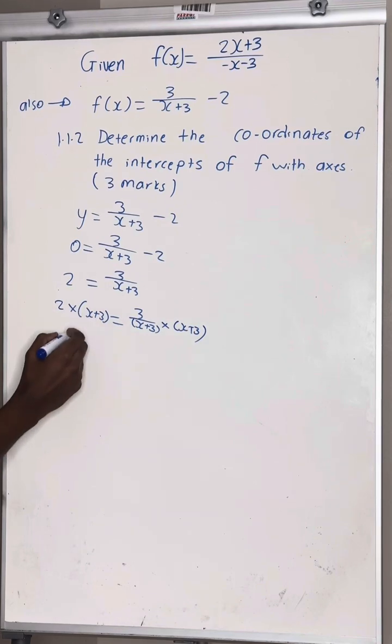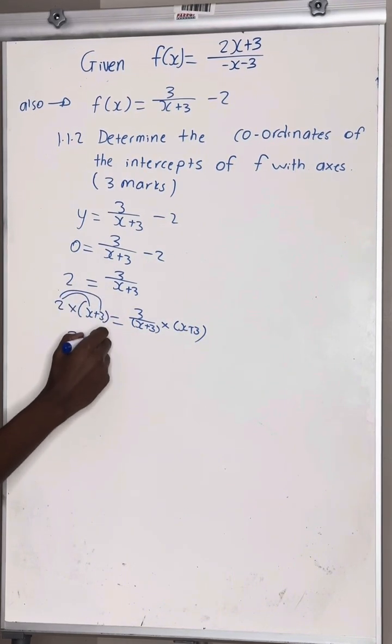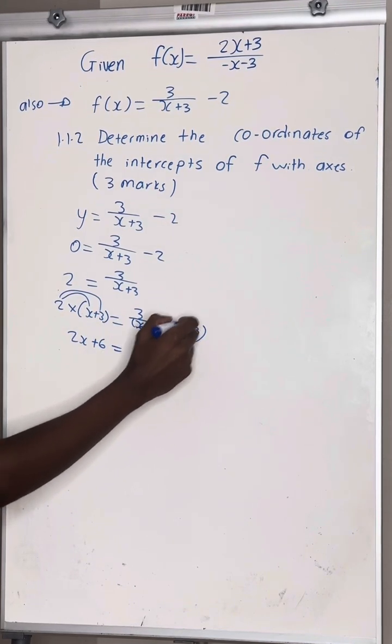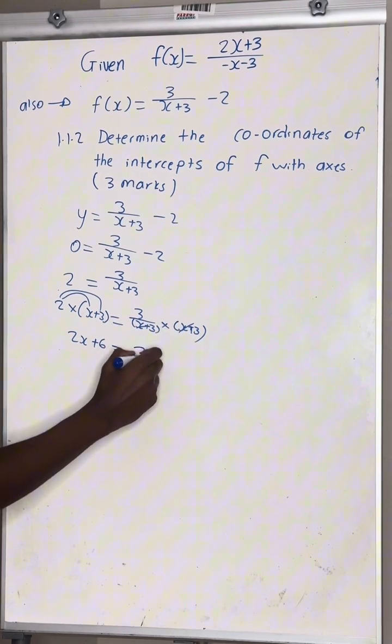So 2 times (x + 3), that is 2 times x, which is 2x, and 2 times 3 is positive 6, is equal to, this x plus 3 will cancel this one out because this one is in the numerator, this one is in the denominator, so we're left with 3.